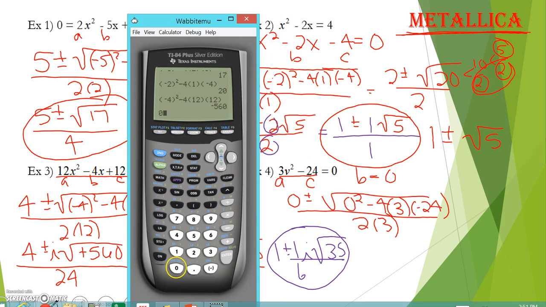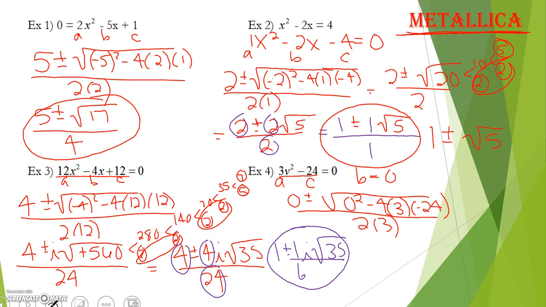So then I do 0 squared minus 4 times 3 times -24. And I get 288. So I have 0 plus or minus the square root of 288 all over 6.